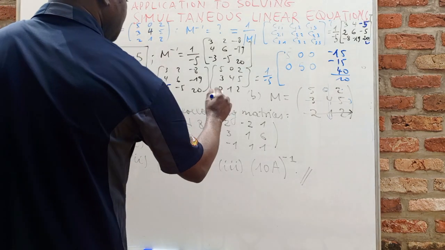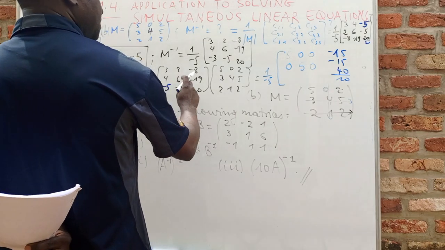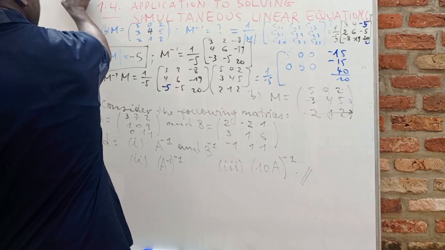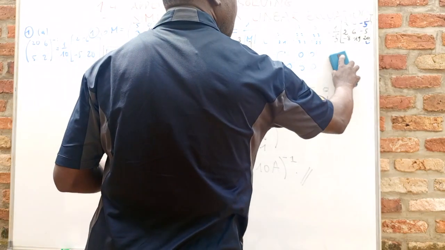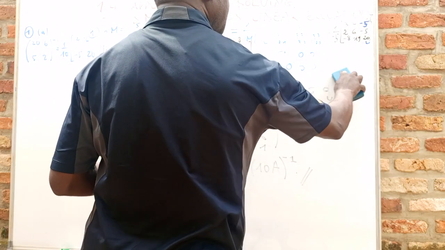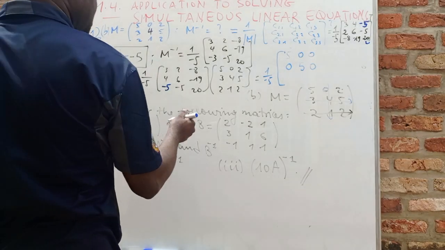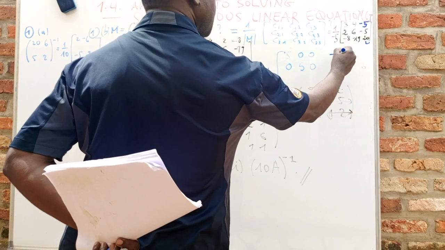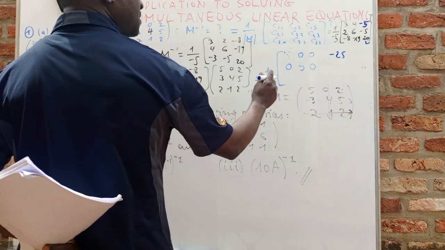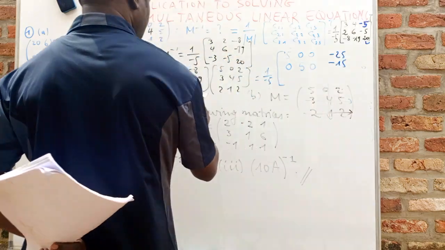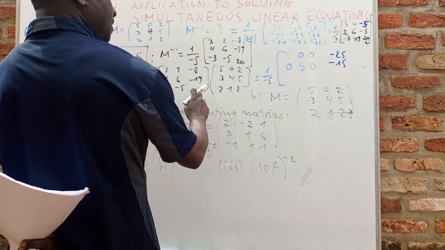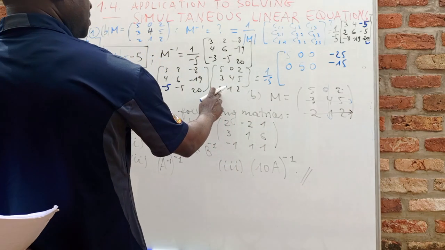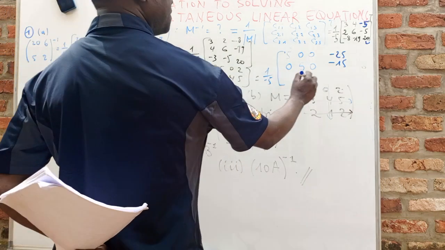So now I revise 5 times 5. So I'm going to find this one. I check again. So 5 times 5, negative 5 is negative 25. Negative 5 times 2, negative 15. Now 20 times 2 is 40.